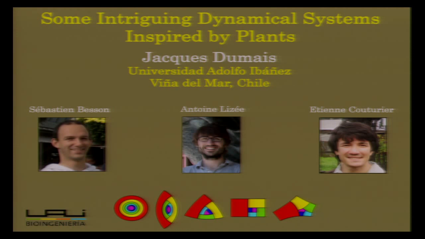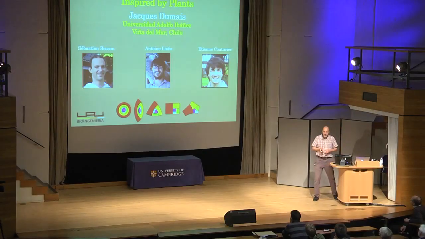And some of the dynamics of that work was fine-tuned or developed by Antoine Lissé, who spent just a few months in my lab, but within these few months was able to analyze a lot of the fixed points of these cells. And more recently, Étienne Couturier, who is a true mathematician, so he's probably the right person for this job, started looking at the attractor, or rather the basin of attraction, of all of these different cells. So with that, I'll stop and I'll take your questions.